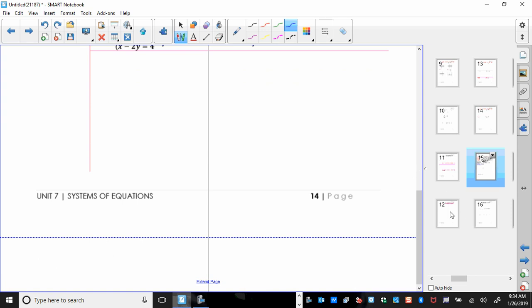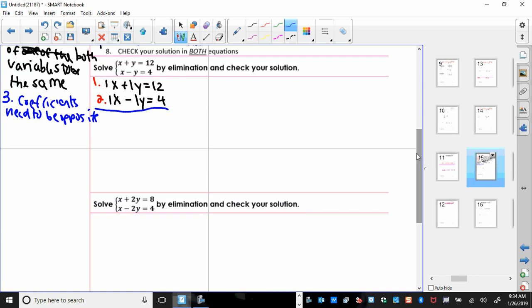Well, we go from side to side and we combine like terms in columns. So 1x plus 1x is 2x. 1y minus 1y goes away, equals 12 plus 4, which is 16. I divide both sides by 2, and x equals 8.